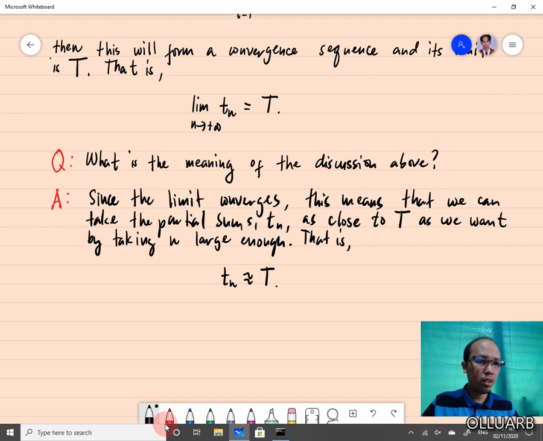So this means that this is one method of estimating the value of a series.